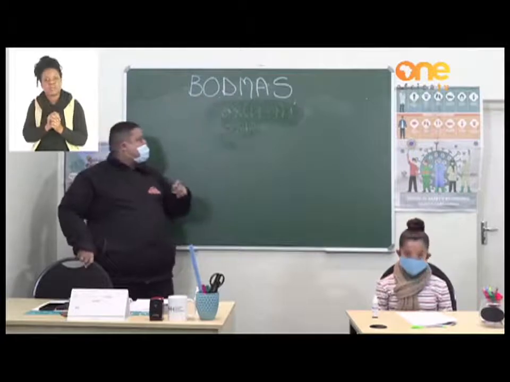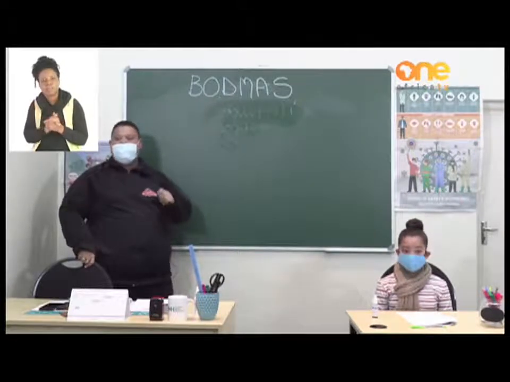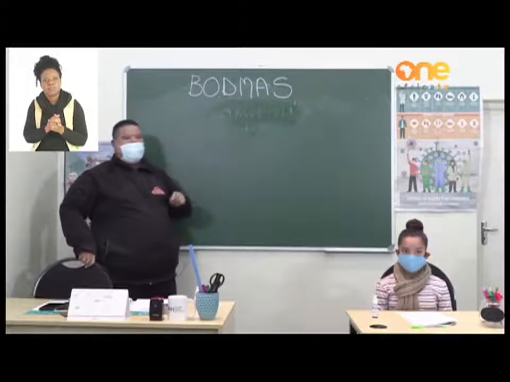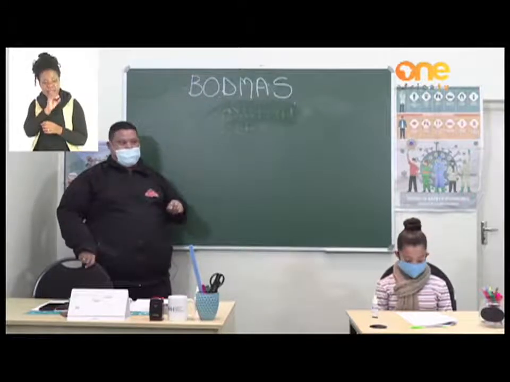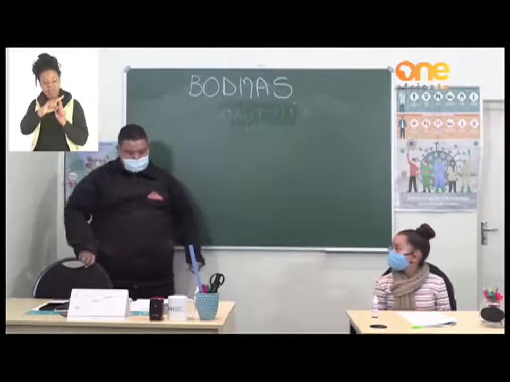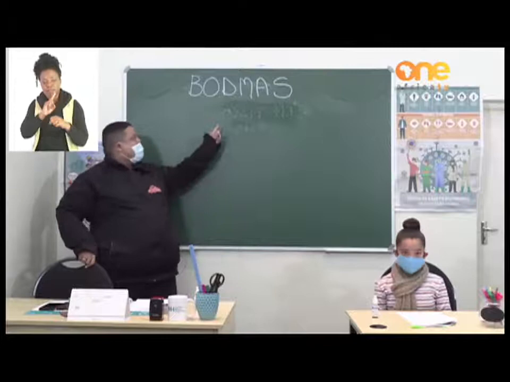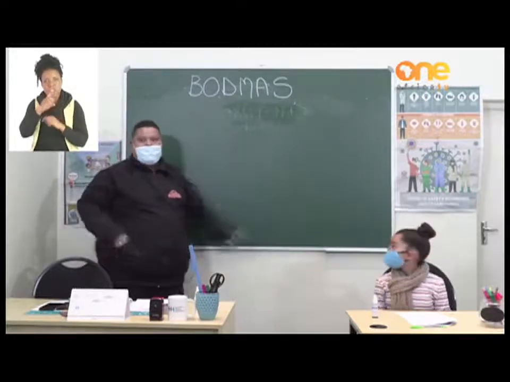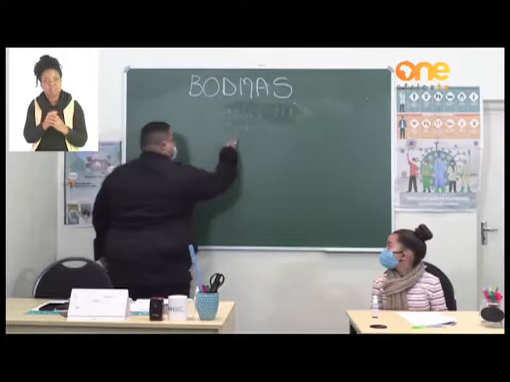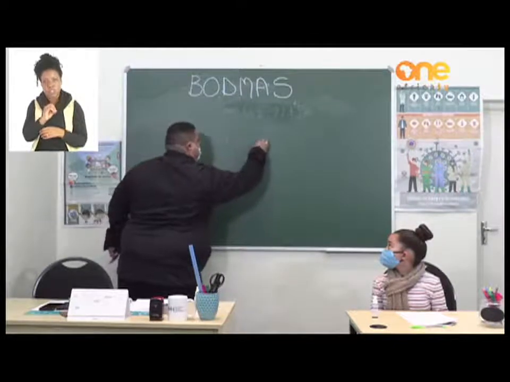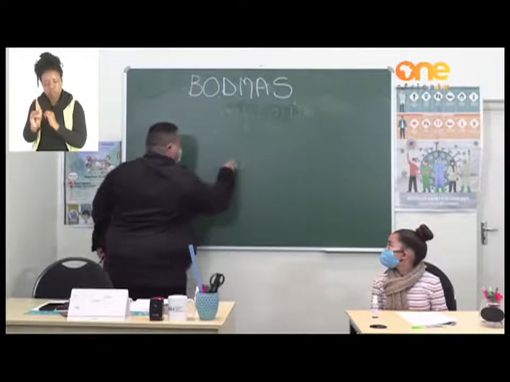Now we see which of these two sums must we do first, the multiplication or the addition. According to BODMAS, we must do the multiplication first. So we're going to say 10 times 12, and 10 times 12 equals 120. And then we're going to add plus 24.